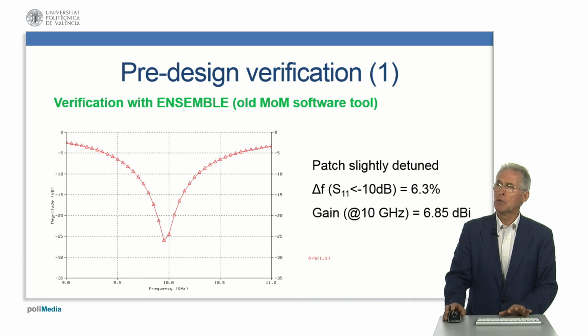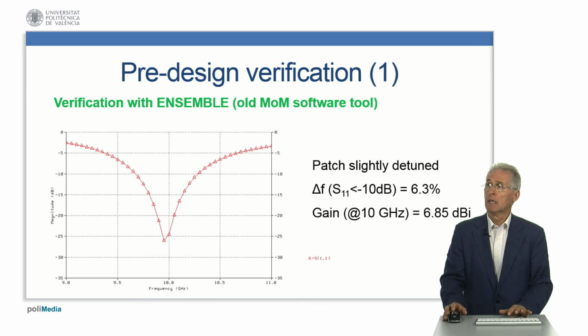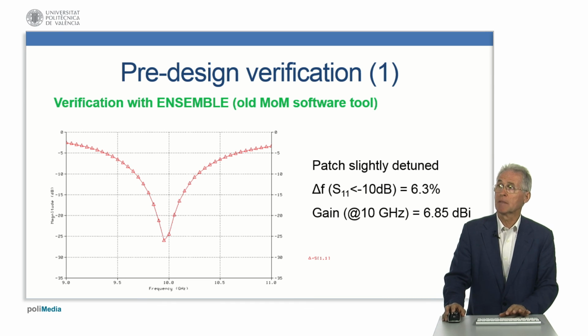There is a slight detuning of about 50 megahertz, which is really small. We get a bandwidth with S11 less than minus 10 dB of about 6.3%, which is good. We required 6% in the specifications. And the gain at 10 gigahertz is about 6.85 dBi.